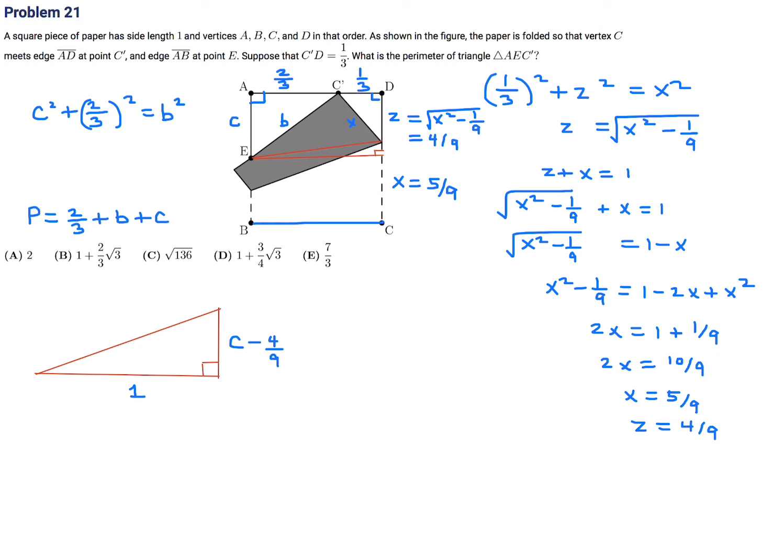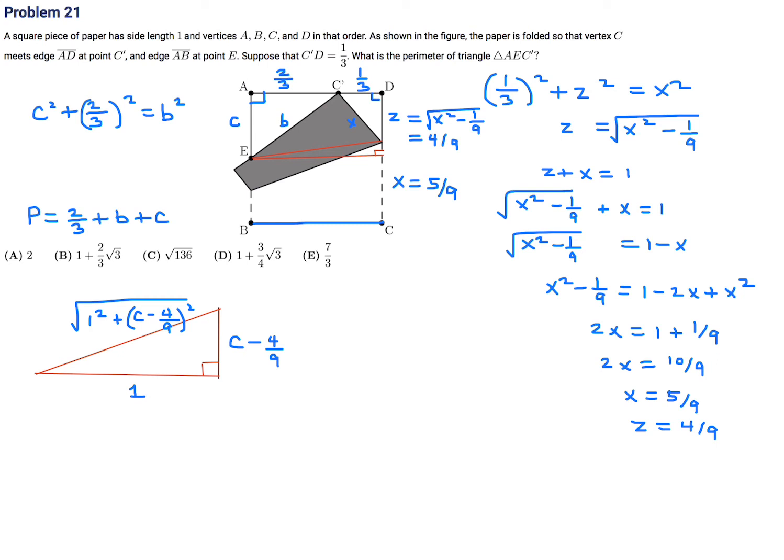Now the hypotenuse, that I don't know. So I have to calculate it in terms of my other two legs. So that's just going to be the square root of 1 squared plus C minus 4/9 squared, right? That'll be basically the value of the hypotenuse.